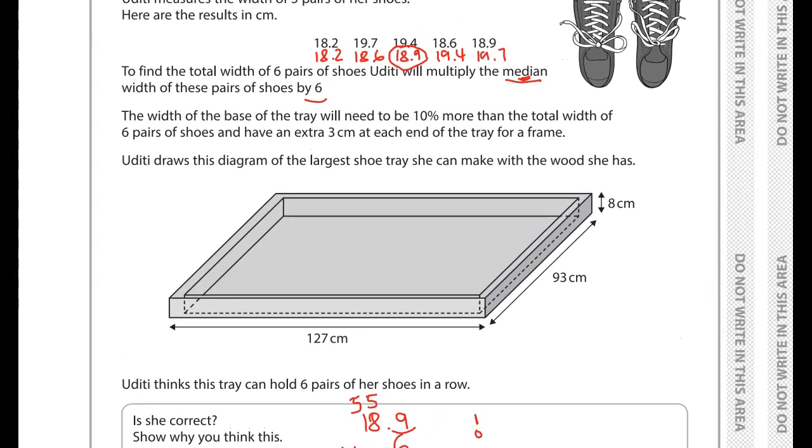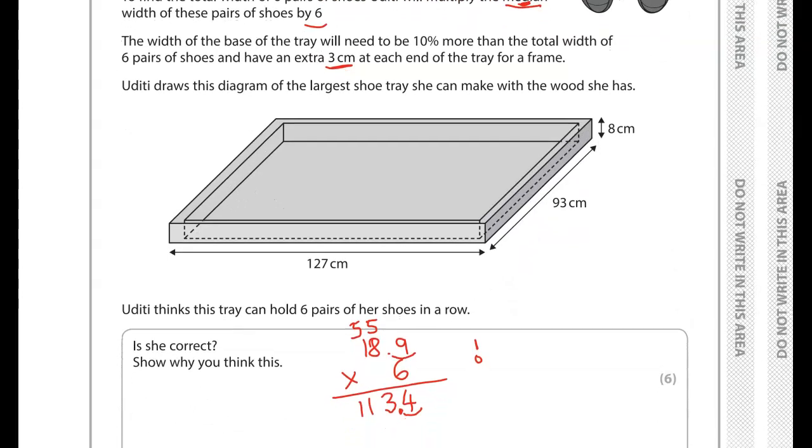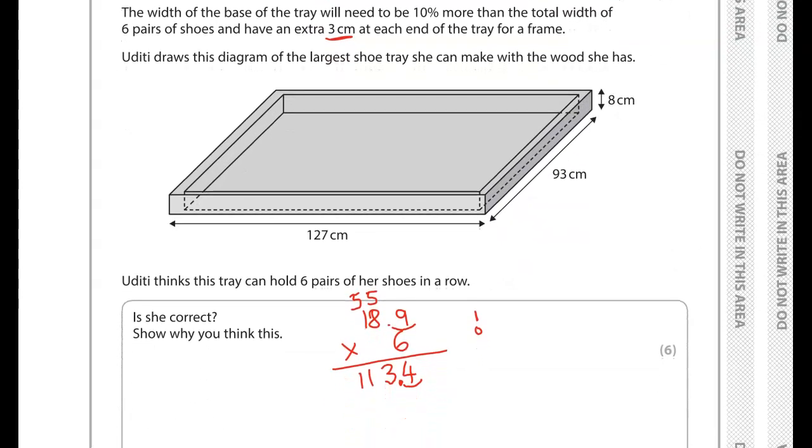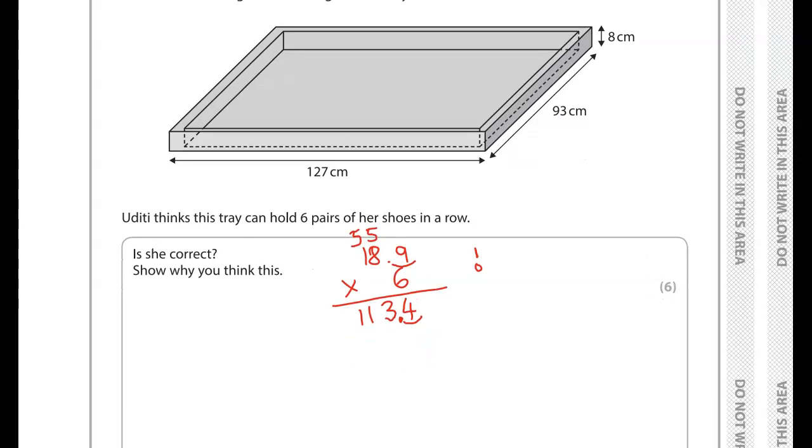Now the next bit is the width of the base of the tray will need to be 10% more than the total width of the 6 pairs of shoes and have an extra 3 centimeters at each end of the tray for a frame. So we're going to work out 10% first. So 10% of 113.4.